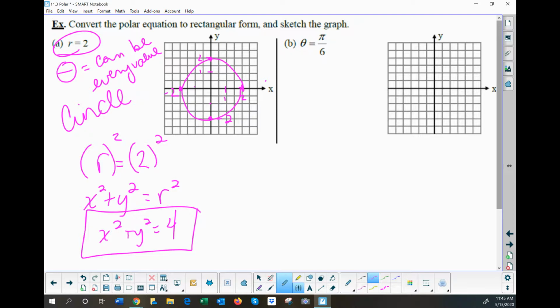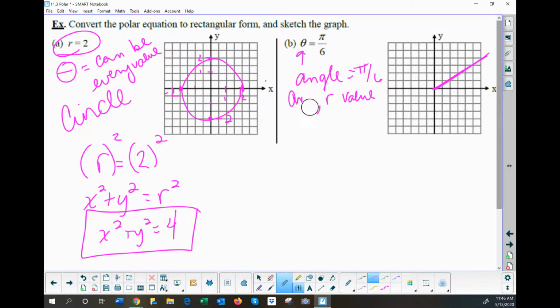Theta equals pi over 6. So this is telling me the angle equals pi over 6. The angle is pi over 6. Well, that's a little hard to map out, but we kind of think of it somewhere along there, right? And it can be any r value.